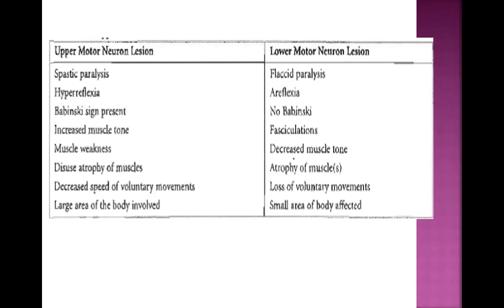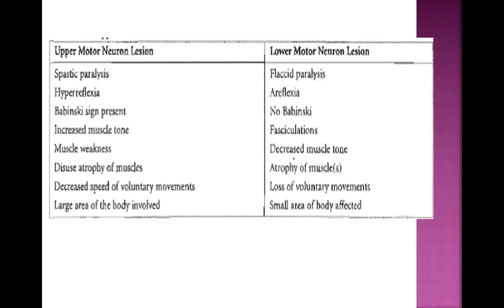In upper motor neuron lesion, Babinski sign is present. In lower motor neuron lesion, there is no Babinski sign. Okay, increased muscle tone versus decreased muscle tone. In LMN, very reduced muscle tone or flaccidity. In upper motor neuron lesion, increased muscle tone.